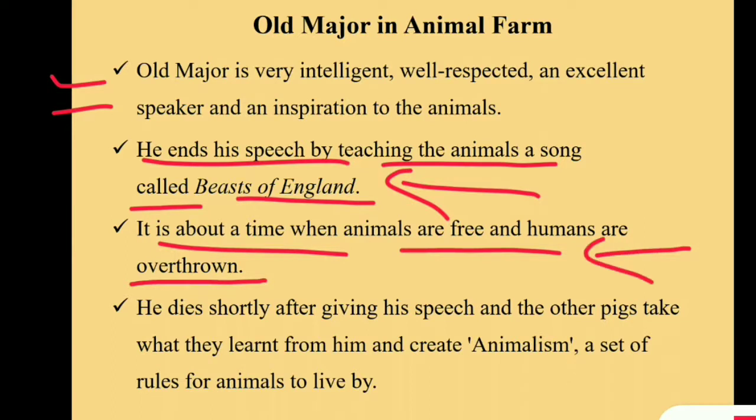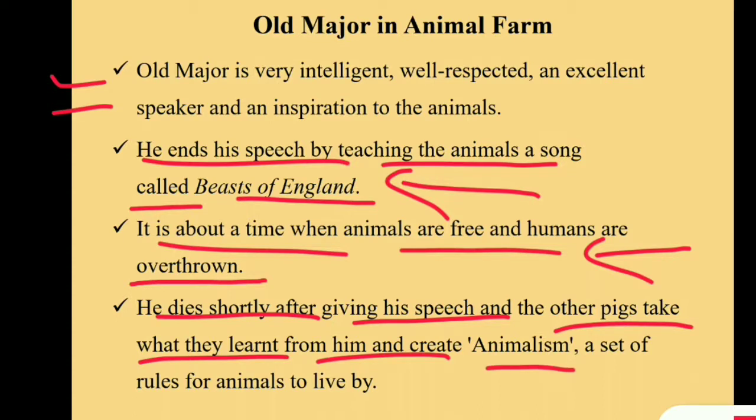This is the situation which we see in the Russian Revolution as well, when animals were free and humans were overthrown, their rights were taken. He dies shortly after giving his speech, and the other pigs take what they learned from him and create Animalism, a set of rules for animals to live by.